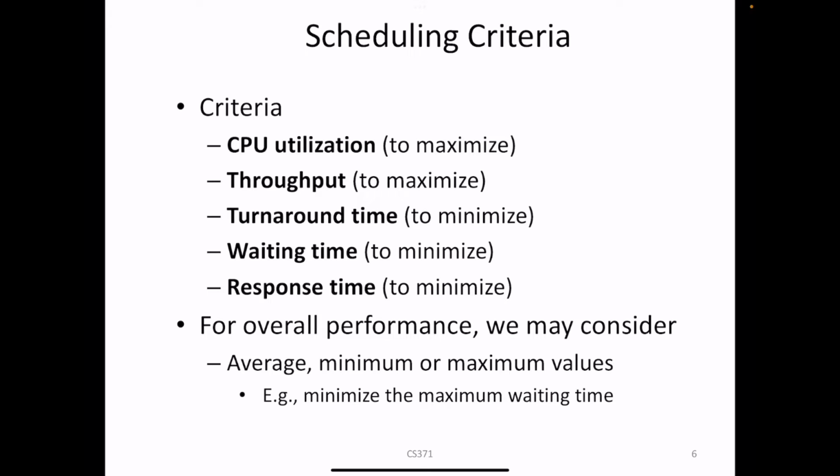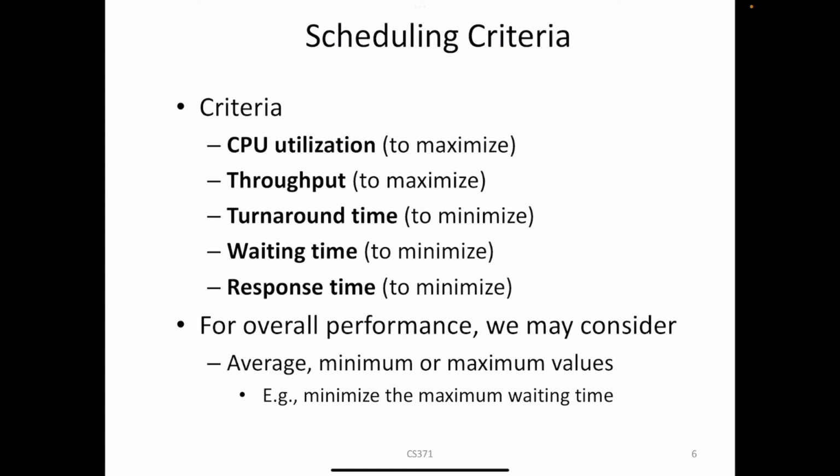In a CPU scheduling algorithm, we may want to maximize the CPU utilization. The next one is throughput, which is the number of processes that can be finished within 1 unit of time. Again, given a scheduling algorithm, we want to maximize the throughput, which means we want to maximize the number of processes that can be completed within 1 unit of time.